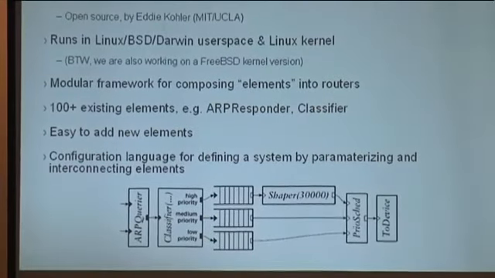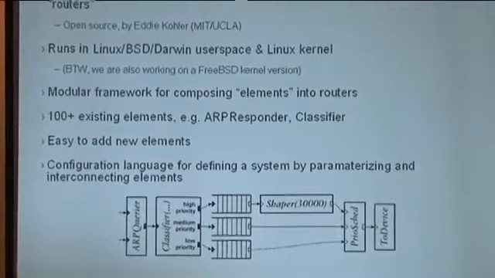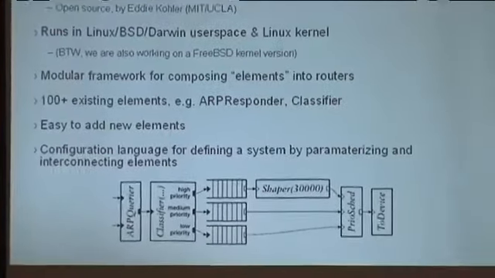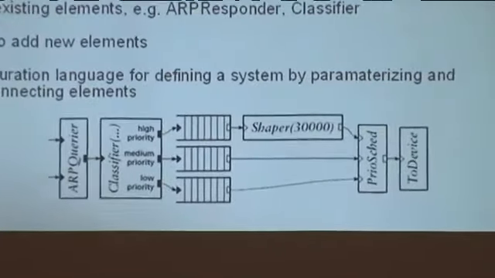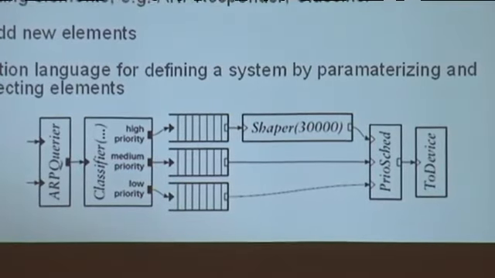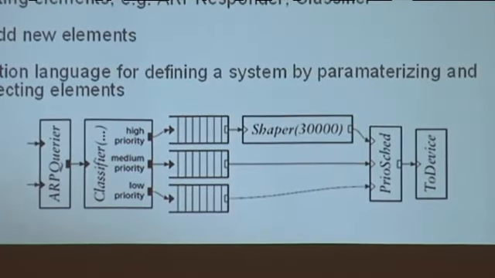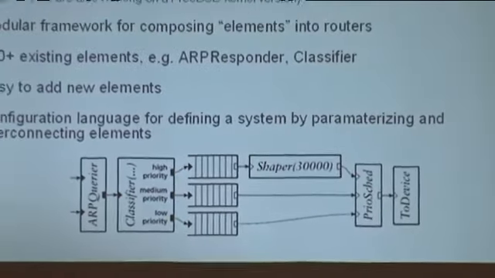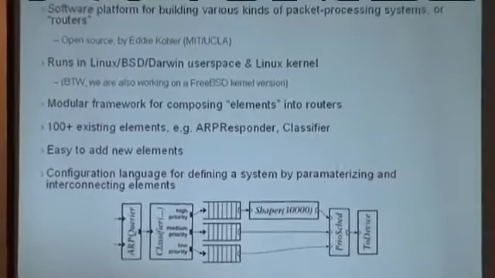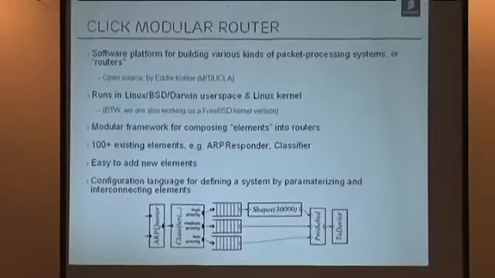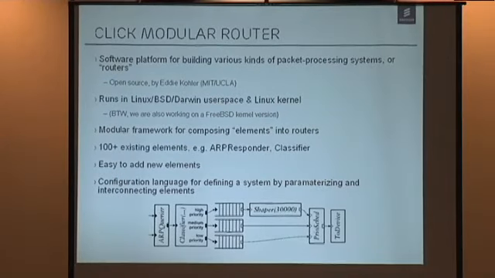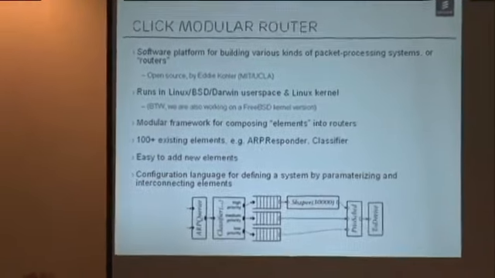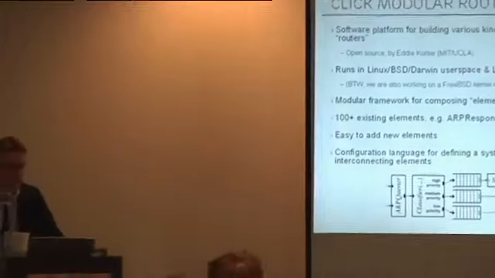And by composing these elements in different ways in a graph, you can define the functionality of a router or some other packet processing system. So it's very popular because it's fairly easy to experiment, to try out new ideas. There's a fairly large library of existing packet processing elements.